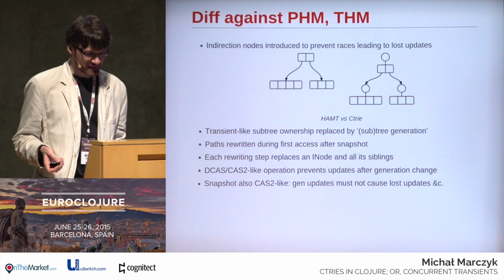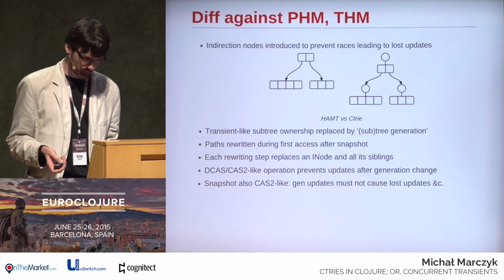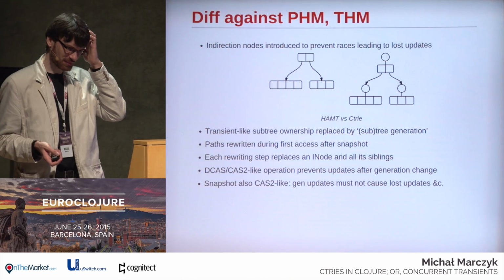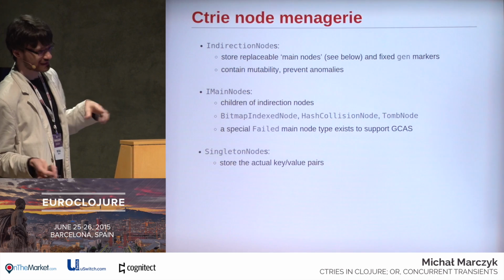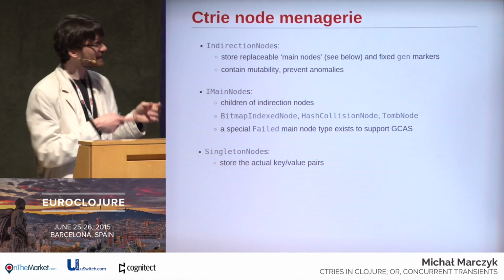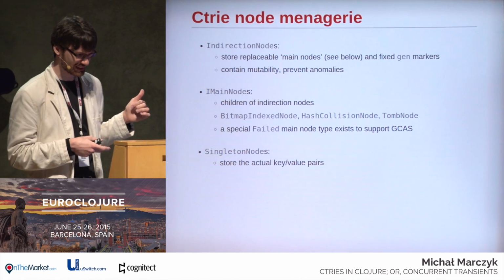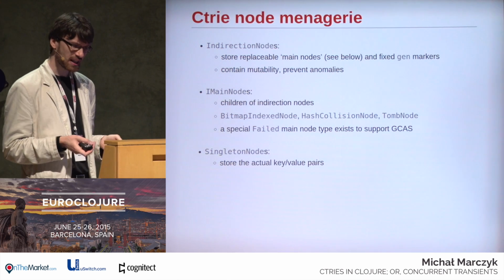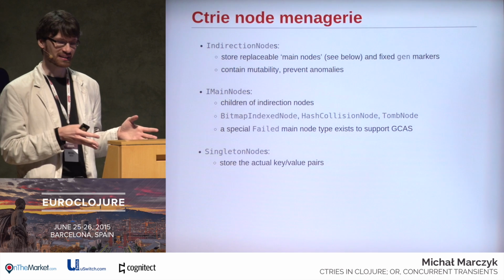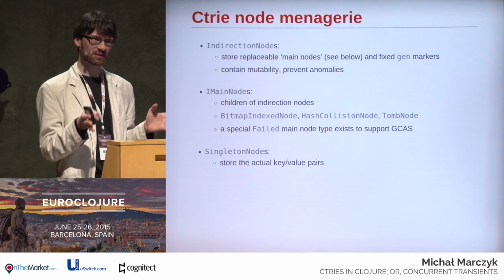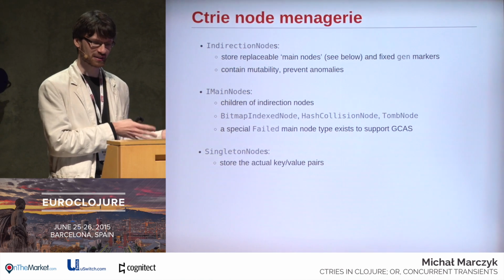This is the most conspicuous difference, but there are also some other differences. So skipping forward one slide, and I'll go back to the previous one in a second. It's just a better split in terms of layout. The collection of nodes that C-tries use internally doesn't look much like the collection of nodes that persistent hash maps in Clojure currently use.